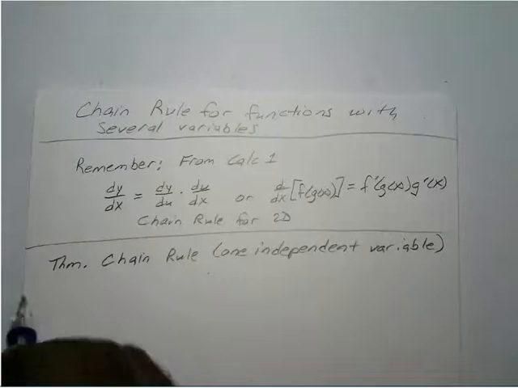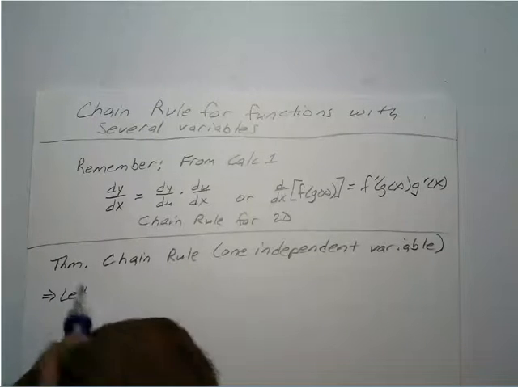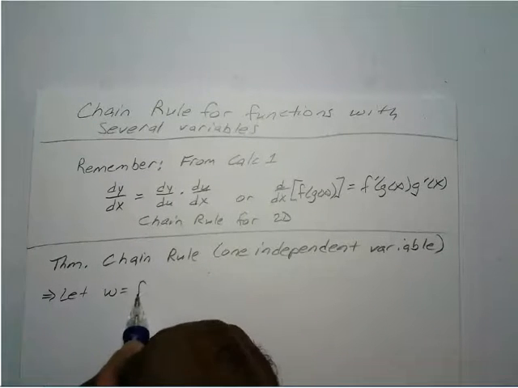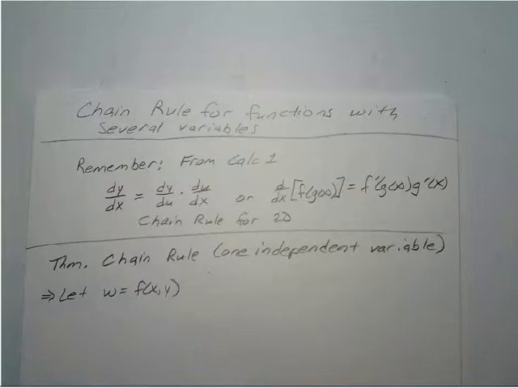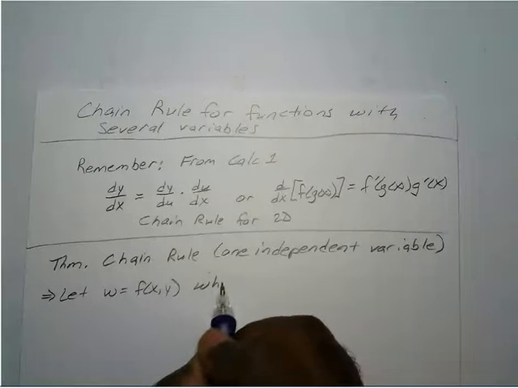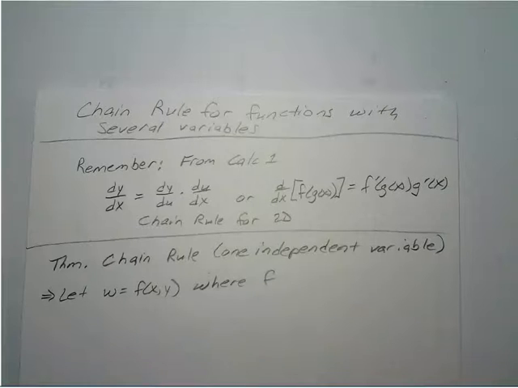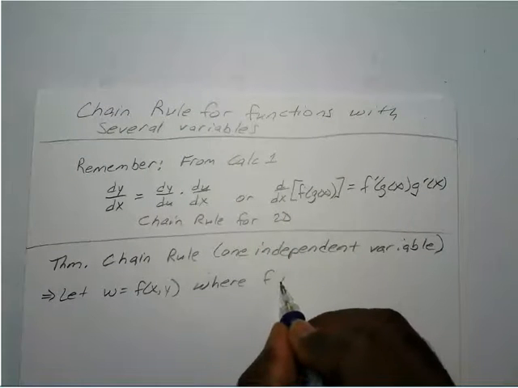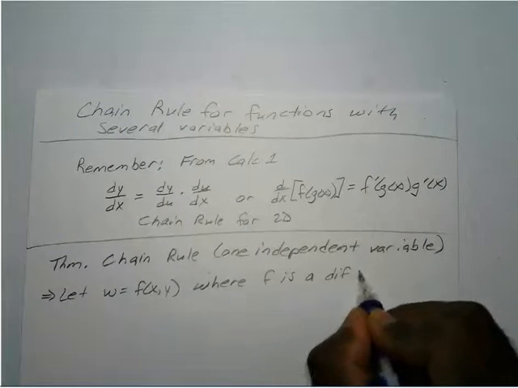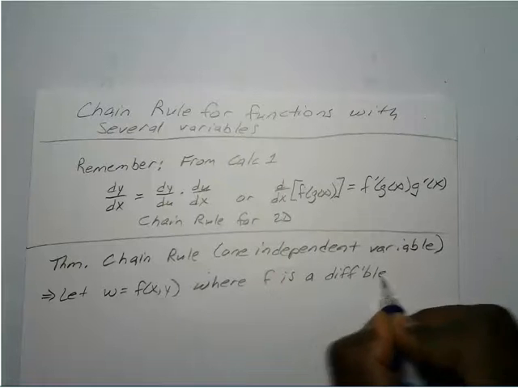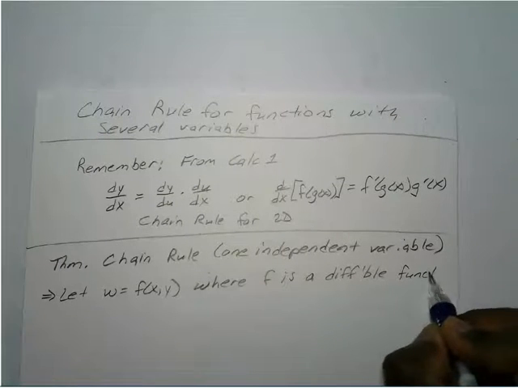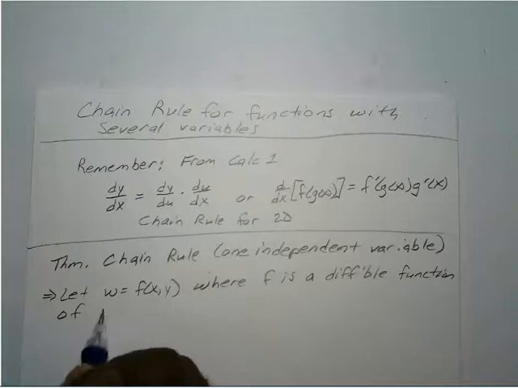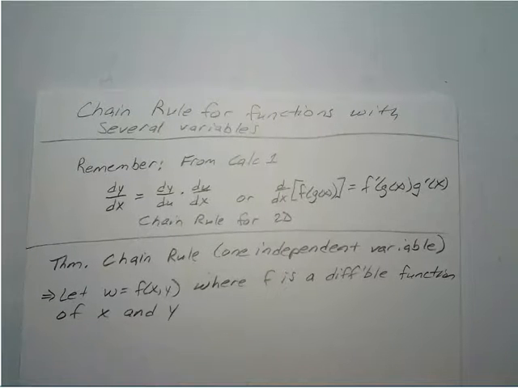So what if we let w equal f of x, y, where we know f is differentiable, which means the first derivative exists. So f is a differentiable function of x and y.